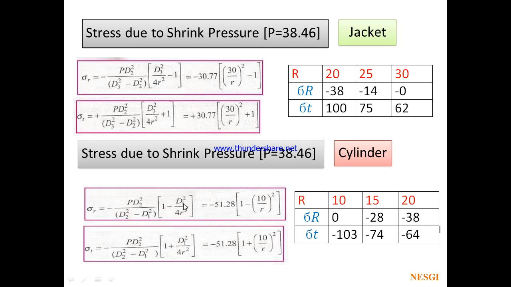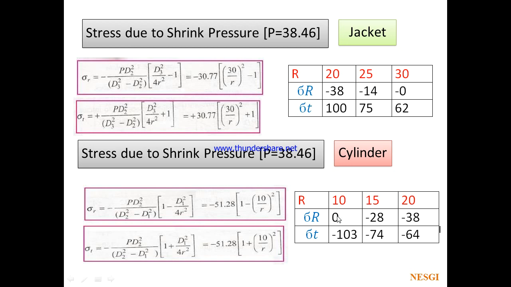So here, at radius r equal to 10 mm, which means diameter 20, the radial stress is 0, because 10 by 10 is 1, and 1 minus 1 is 0.